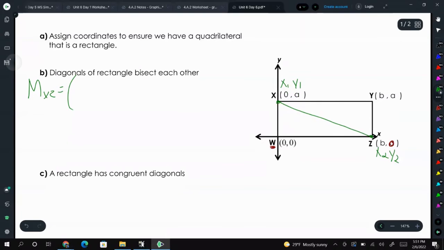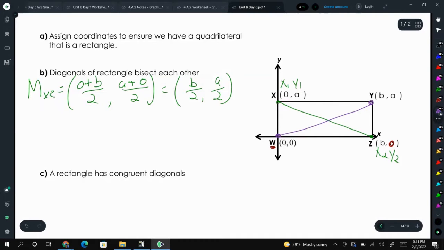So we're going to add the two x's. x1 is 0, x2 is b, and then y1 is a, plus y2 is 0, over 2. So that gives me a midpoint of b over 2 comma a over 2. Now we're going to do the exact same thing with wy.